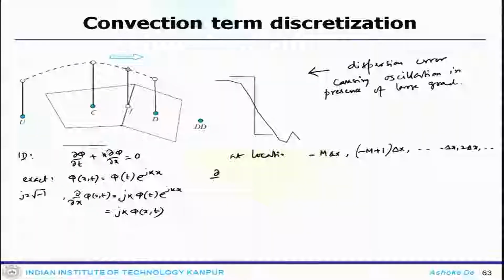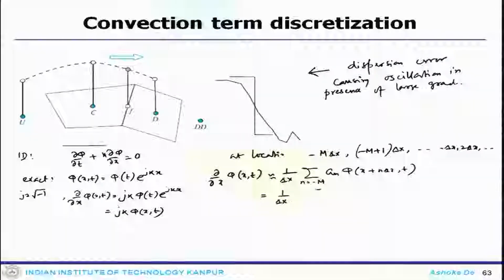Then one can write del x of phi(x,t) equals 1 by delta x summation of n equals minus m to n of a_n phi(x plus n delta x, t), which is nothing but 1 by delta x summation of n equals minus m to n of a_n phi(t) e to the power jk(x plus n delta x).